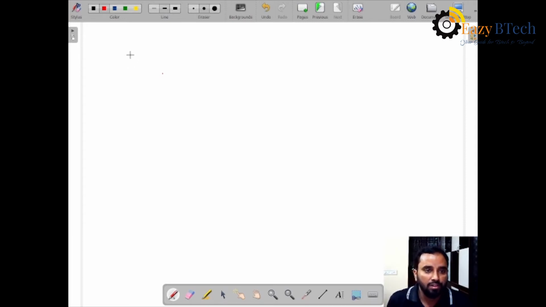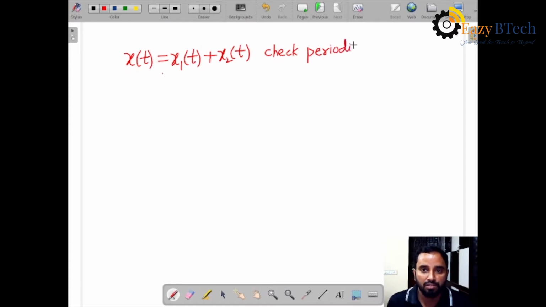For example, x of t is a combination of x1 of t and x2 of t. If the signal is like this, x1 of t plus x2 of t, how do we check whether the given signal x of t is periodic or not?